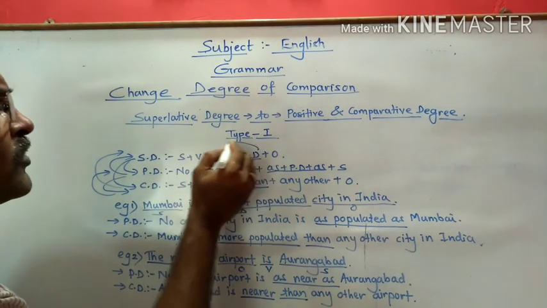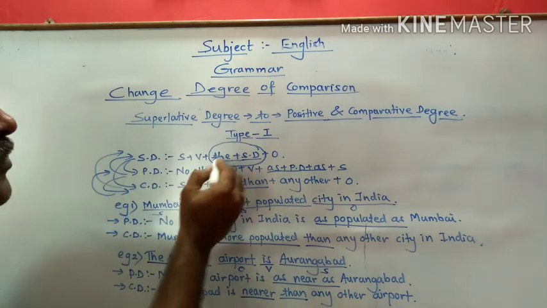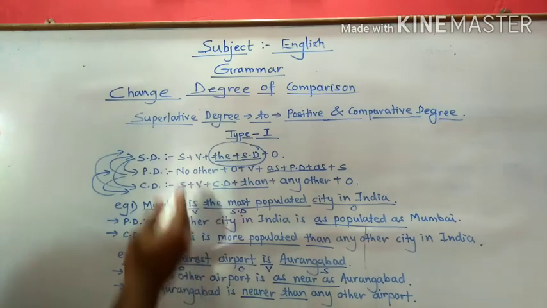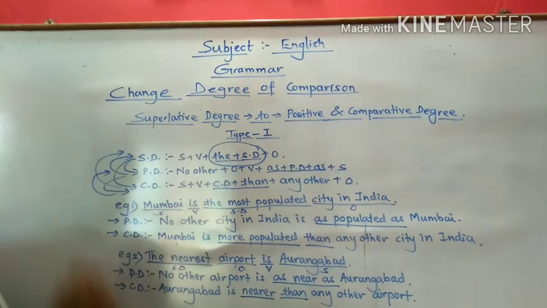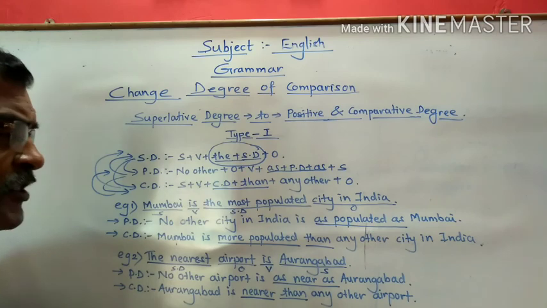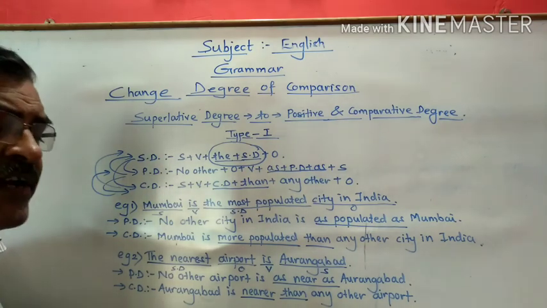We have to focus on this particular pattern of the superlative degree. If this pattern of the superlative degree comes, then we are going to write in this way. But so far, if you see these constructions, there are many confusing constructions also. Actually, we can't call it confusing, but in the examination they may ask you in a different mode.